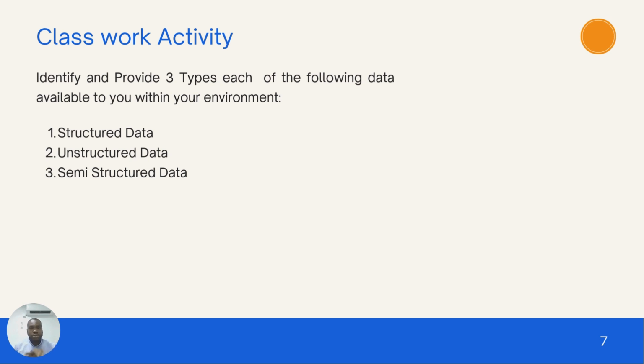Based on the learnings, I want you to identify and provide three types of each of the following data available to you within your environment: structured, unstructured, semi-structured. Three types of each that you can find within your environment. And then we can come back in our unblocking session in the evening and look at the activity, see who has been able to perform, and any other questions we have, we can type and go forward with that.